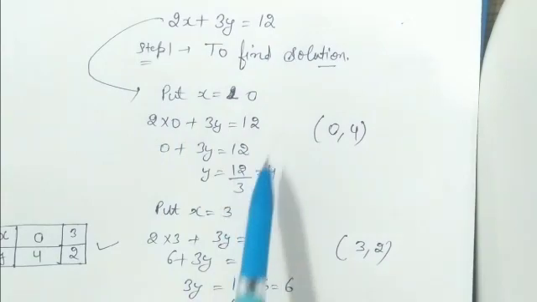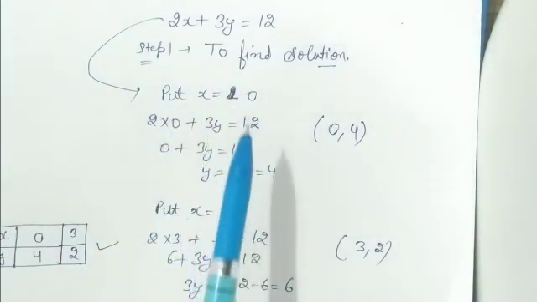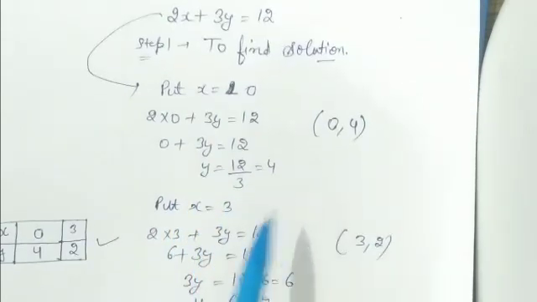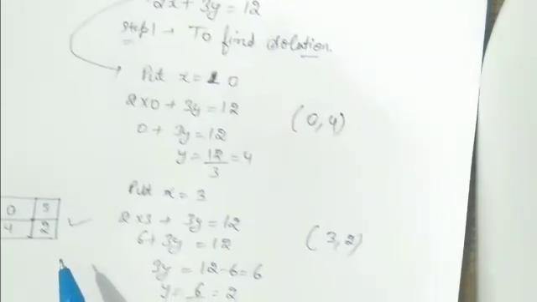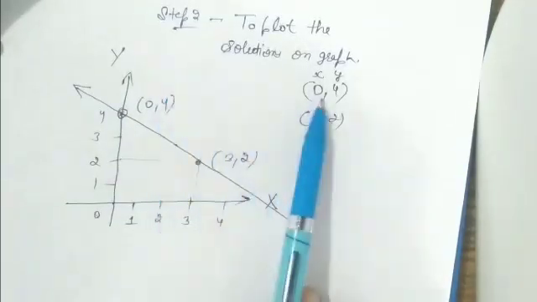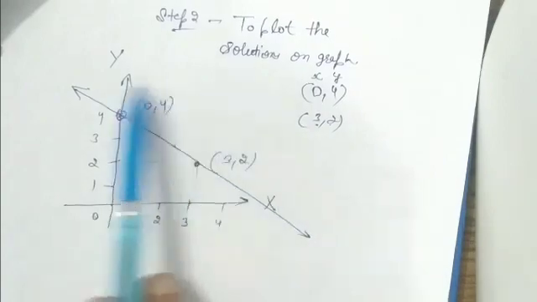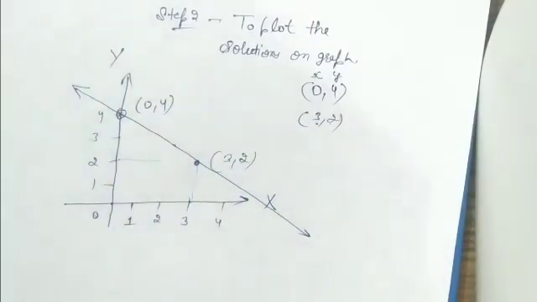Solution finding we have done already, in previous questions we have done many on how to find the solutions. After getting the solutions, the next thing is to draw the table of those solutions. Then the next thing is to plot the solutions on the graph. How to plot the solutions, I have just explained to you. That is the end of this video.